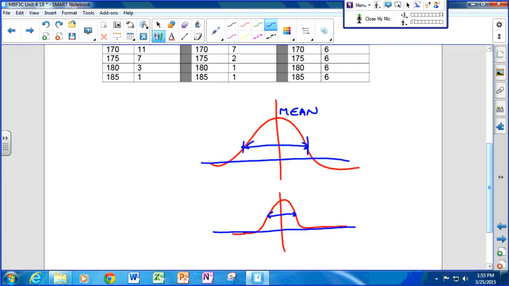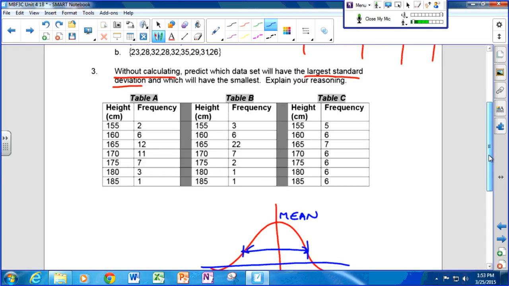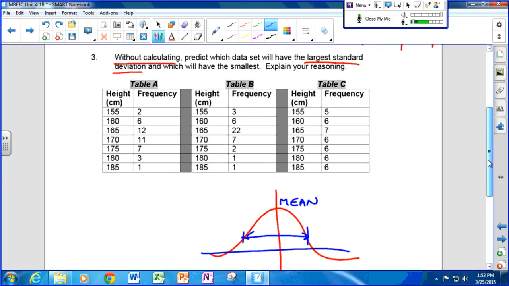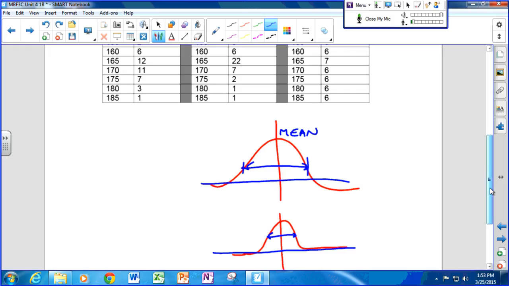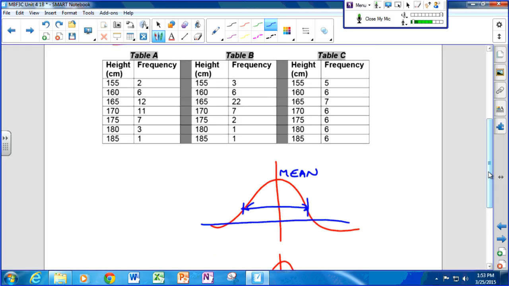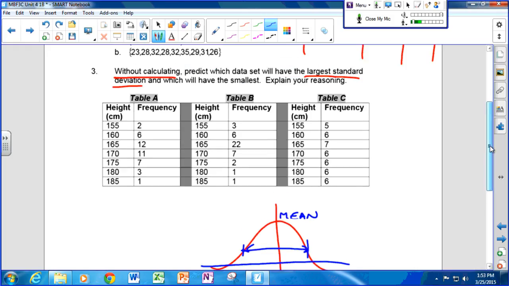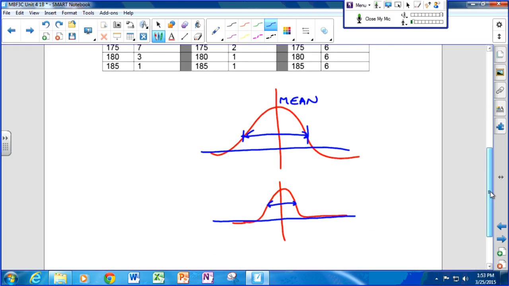Even if you don't calculate the mean, you can still take a look at the data, and you might be able to get an idea of where the mean might be. Or maybe you do have to calculate the mean to give yourself an idea. But the standard deviation is this width here, basically. Well, actually it's half of it, but you get the idea. It's how far away the data tends to be from the mean.